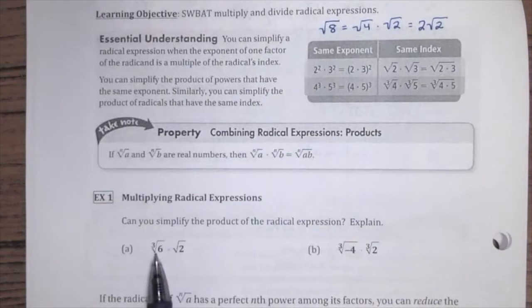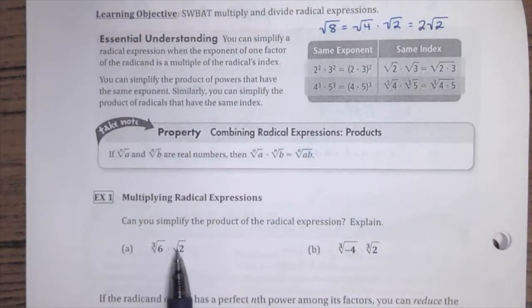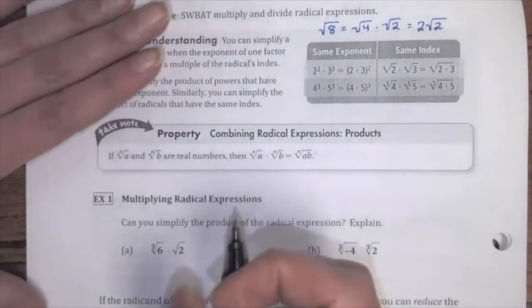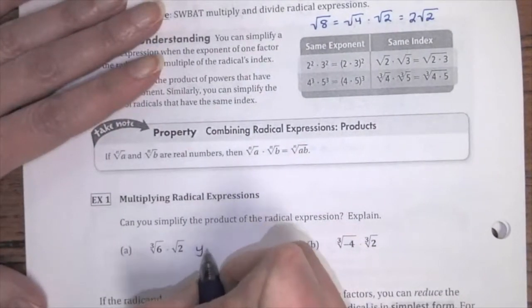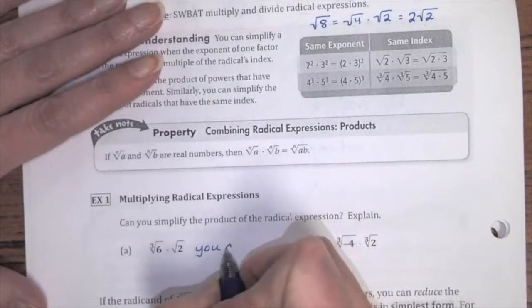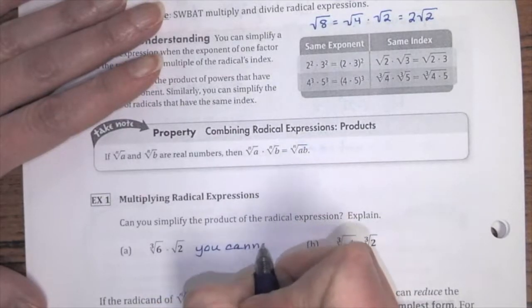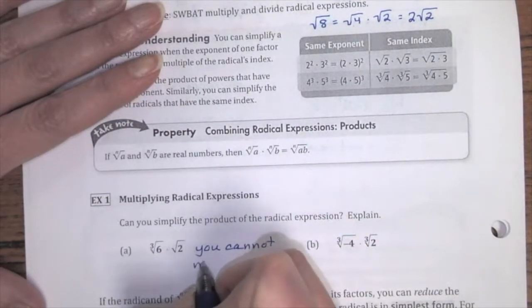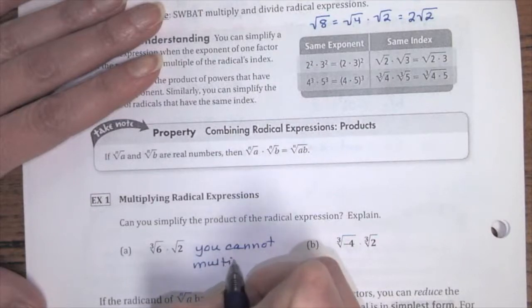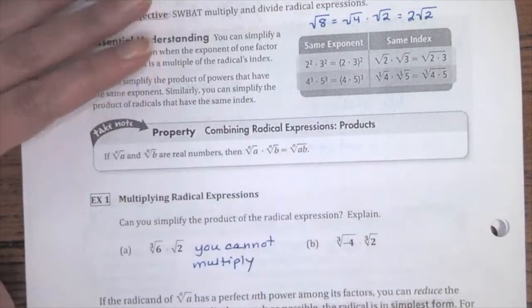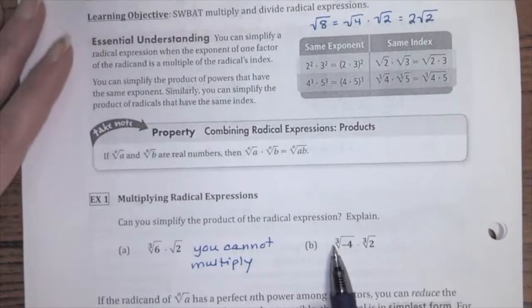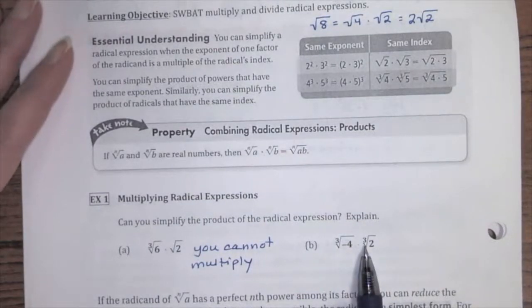So, first of all, I've got the cube root of 6 times the square root of 2. You cannot multiply these because this is a cube root and this is a square root. All right? So, you cannot multiply. Over here, notice, both of our roots are cube roots, right?